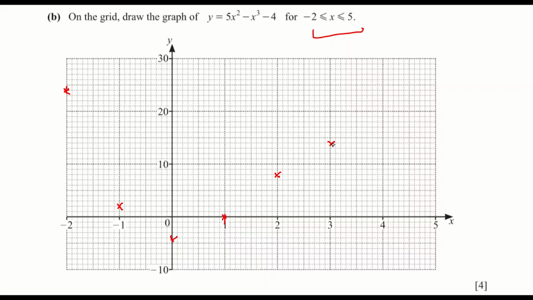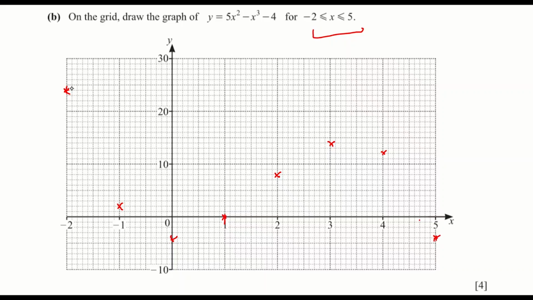So when x equals 4, y equals 12. So it will be 10, 11, and 12. When x equals 5, y equals negative 4. So it will be 0, negative 1, negative 2, negative 3, and negative 4. So this will be the value here.